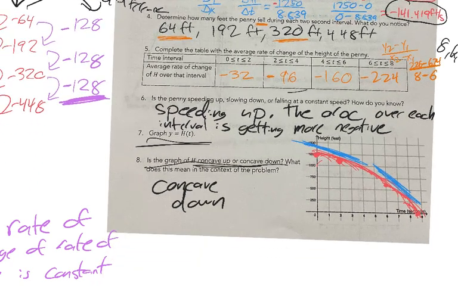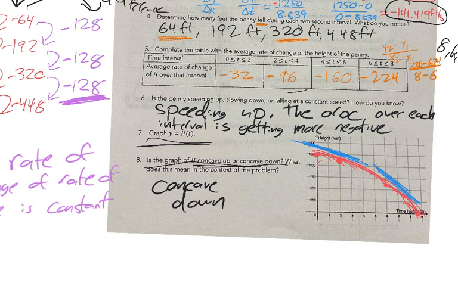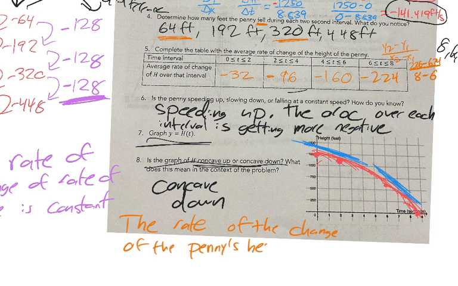So it says give context to this situation in terms of the problem. So because it's concave down, that means the rate of change, I don't like the way they worded it. I'm going to change it. The rate of change of the penny's height is decreasing.